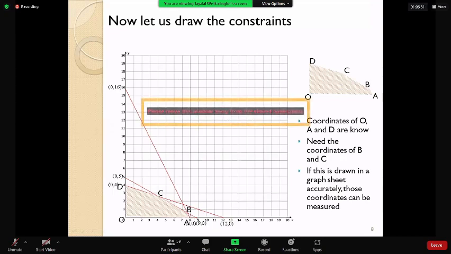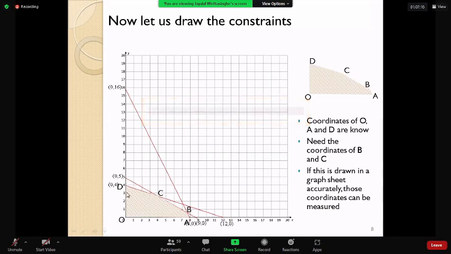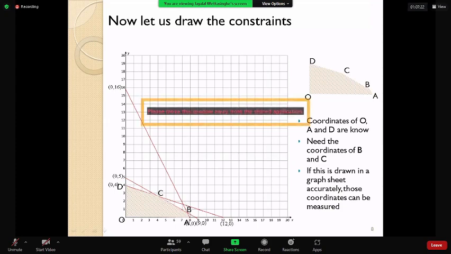If you solve these two equations as simultaneous equations, the point of intersection is the solution to those two equations. Then you can find point B. In a similar way, you can find point C also. You can take this equation and the other equation and solve them simultaneously. Then from the solution, you will get the point of intersection. Like that, you can find B and C.